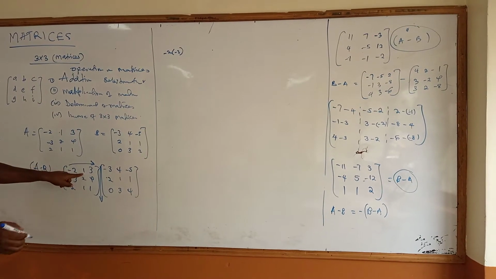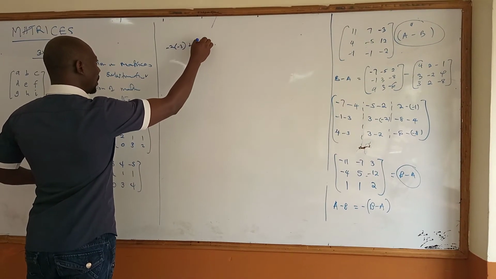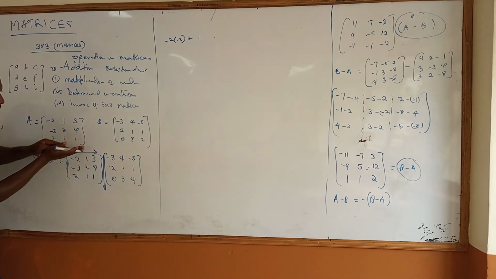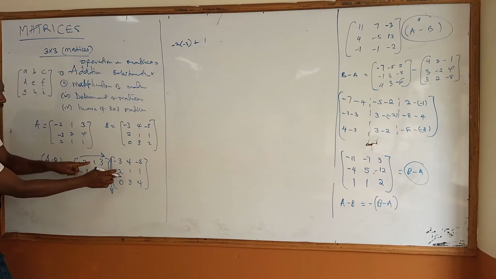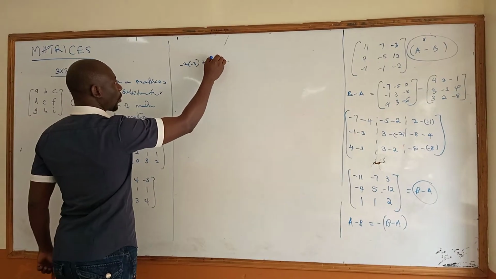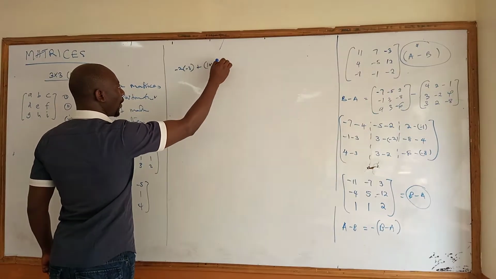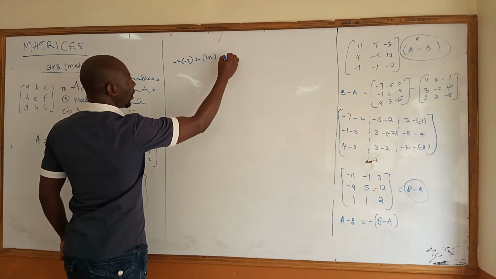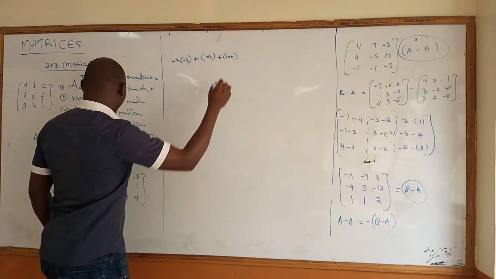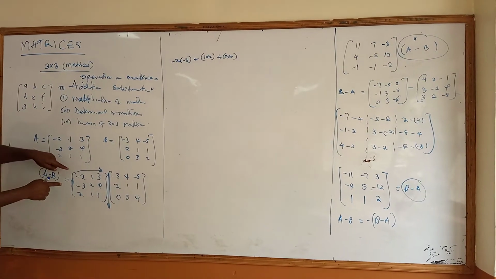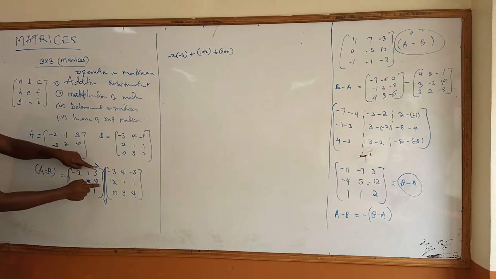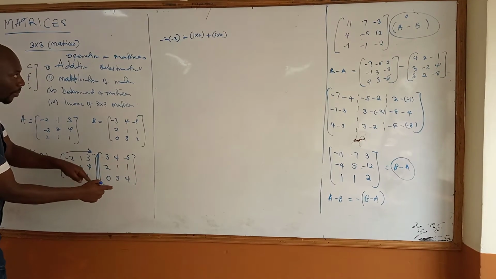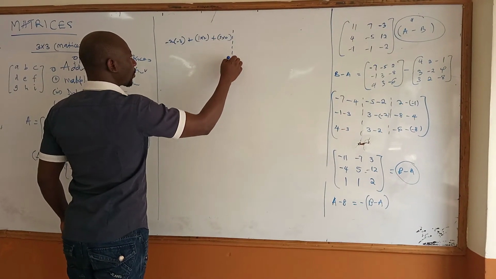Then you take 1, you add 1 multiplied by the one in the row. You are moving across, this one you're going downwards. 1 multiplied by 2. Then you add 3 multiplied by 0. So then you go again: the first row by the second column, then you write it in the middle.